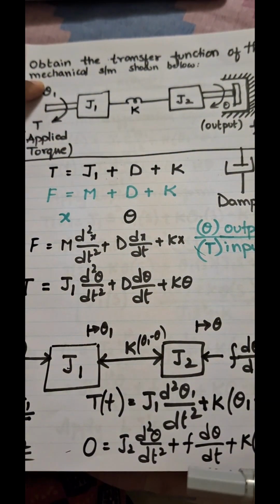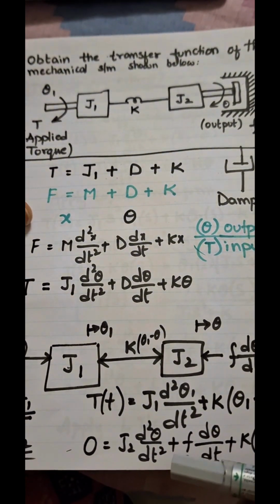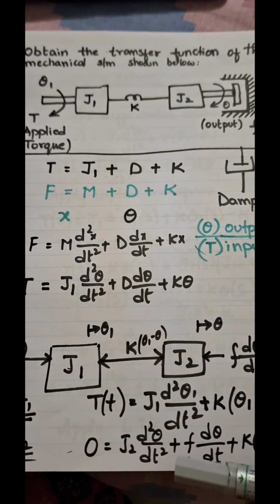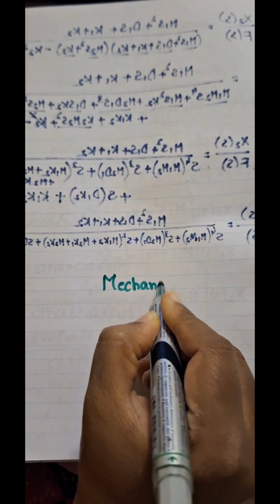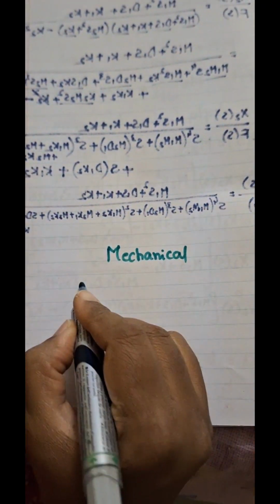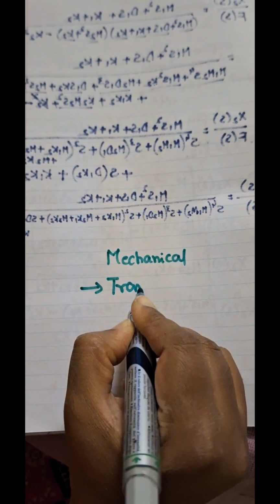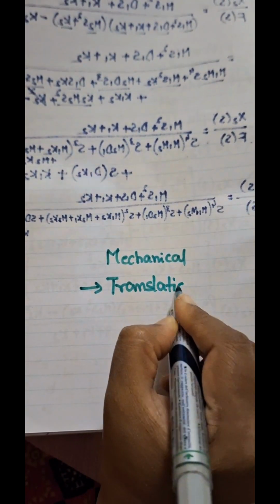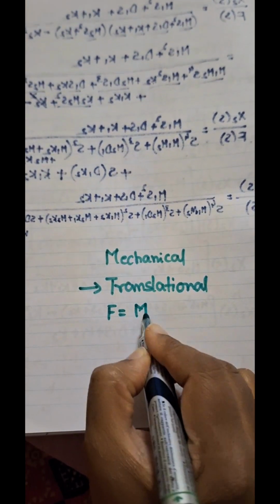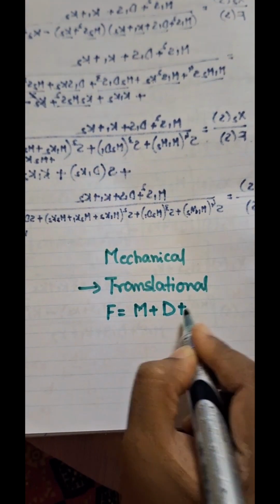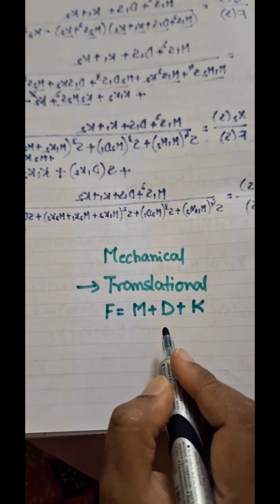So the question will be given as: obtain the transfer function for the mechanical system. They said mechanical. They didn't mention whether it is translational or rotational. So you will be checking. Mechanical systems are of two types. One is translational. Translational means if you apply force, the body will move, the mass of the body plus a damper will move, plus a spring will move.